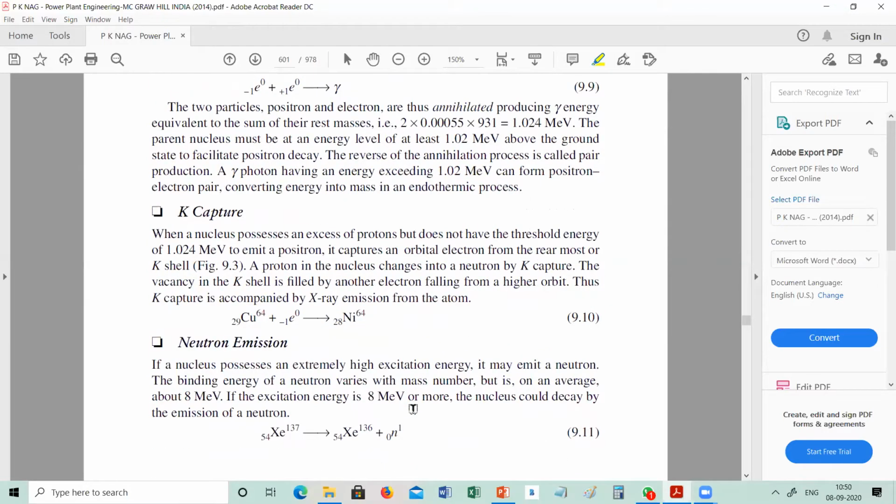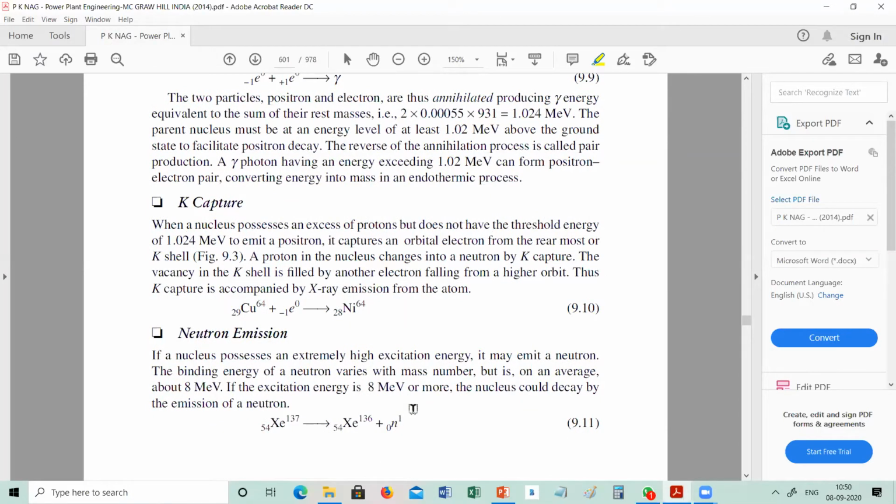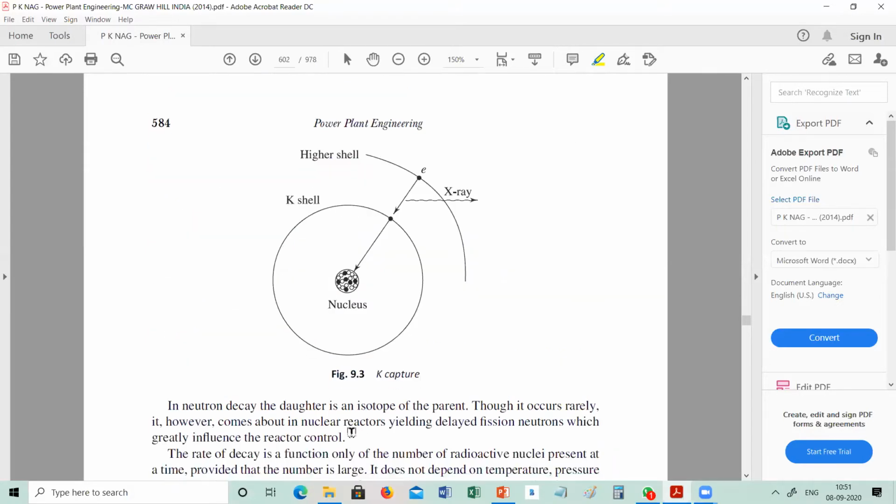In K capture, the electron orbiting around the nucleus will be captured by the nucleus, and the vacant position of the electron will be taken by electrons from higher orbits, the higher shells. In neutron emission, a neutron will be emitted, which means its atomic mass number will be decreased by 1. These are the types of various decays.